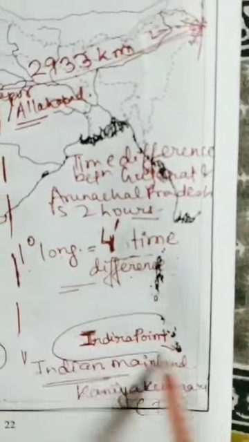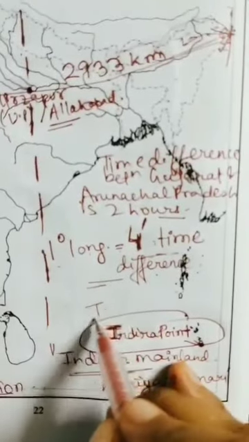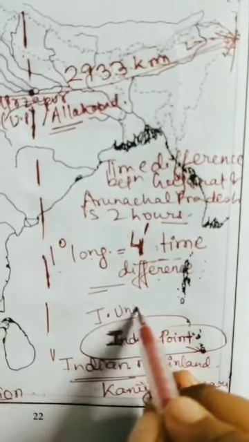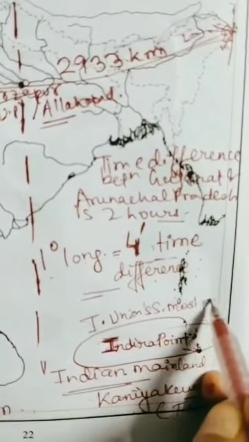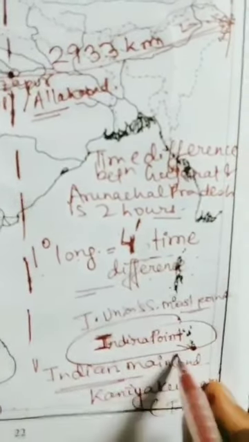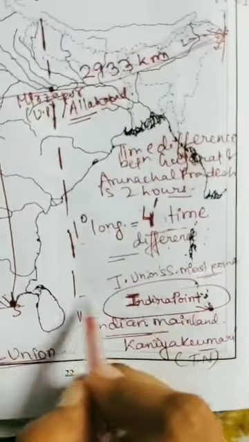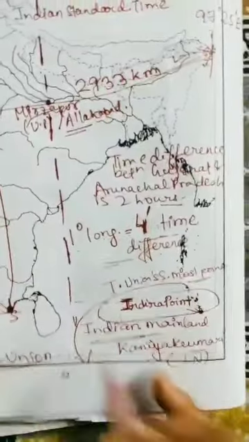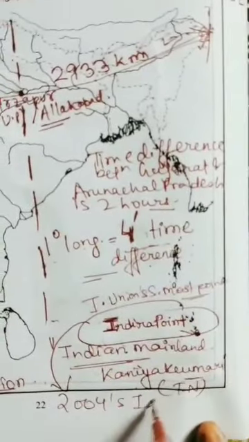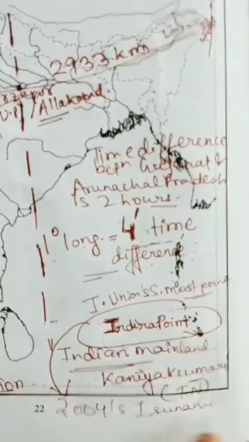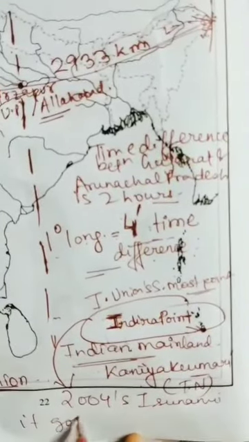But this is no longer our Indian Union's southernmost point. If they ask you Indian Union's southernmost point, it is Indira Point. But for your information, Indira Point is no longer considered the southernmost point. Why? Because in the 2004 tsunami, it got submerged.